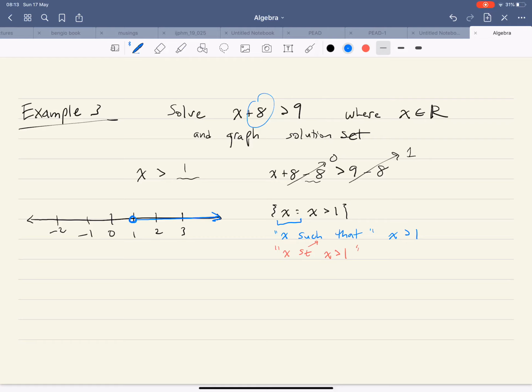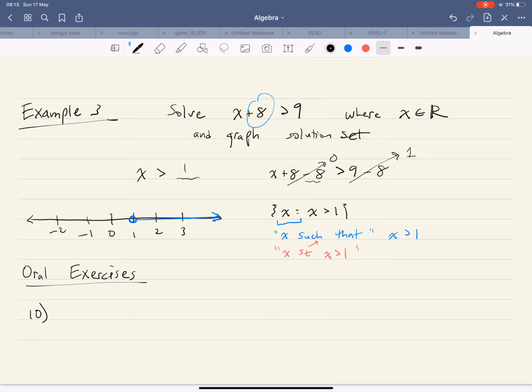Let's do some example exercises now. This is coming from the oral exercises. We're going to take a look at number 10.